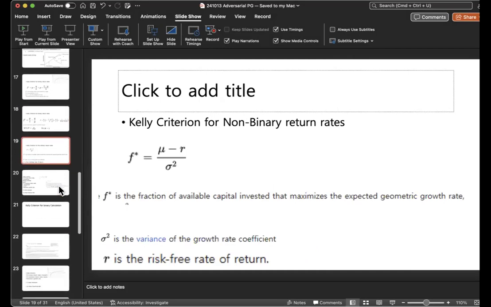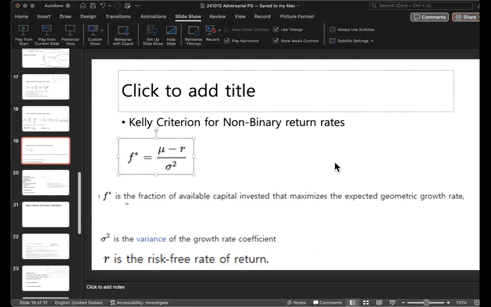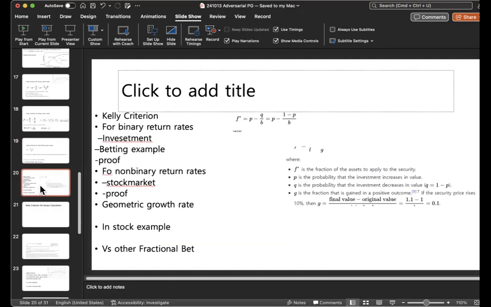And you can apply this Kelly criteria to the stock market, which is in continuous form, but it's actually the same: the fraction of available capital invested that maximizes the expected geometric growth rate. Actually, we need to discuss more about how Kelly criteria can represent expected growth rate from how much they should bet.